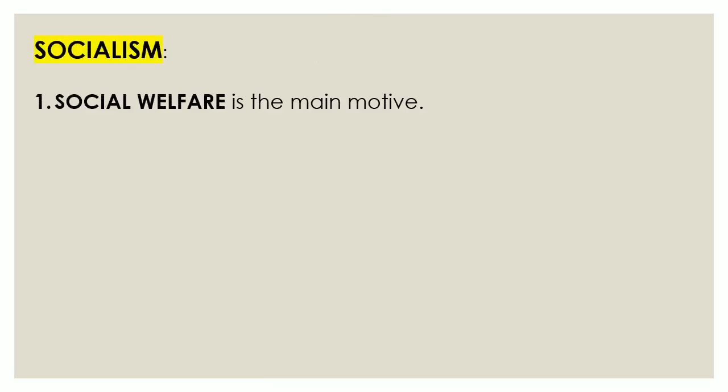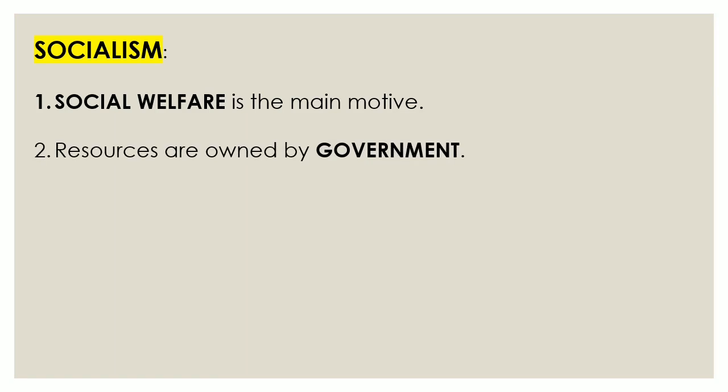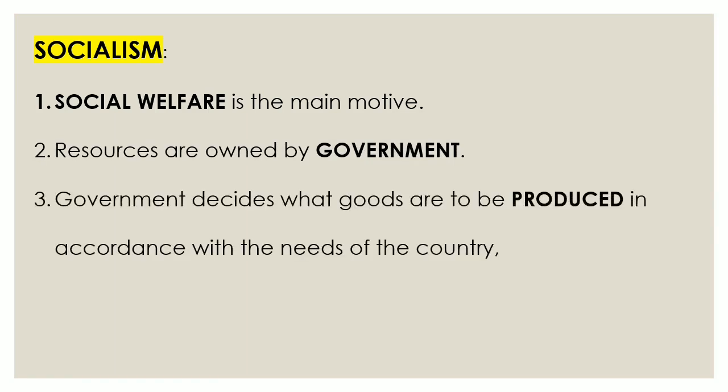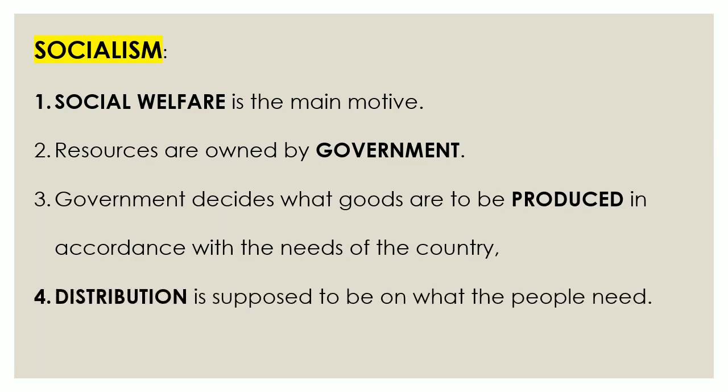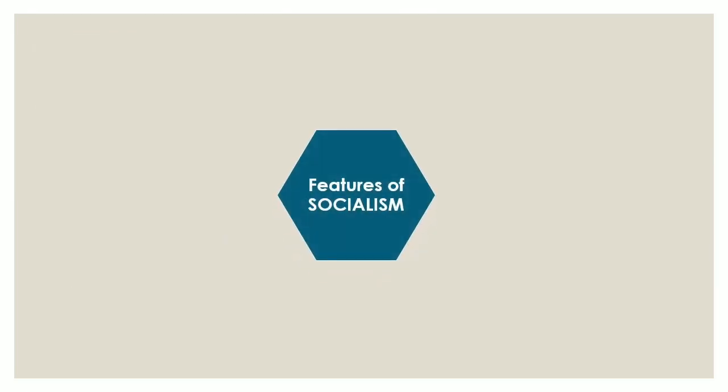Let us move on to socialism. It is that system in which resources are owned by the government and the social welfare is the main motive. In this economy, the government decides that goods are to be produced in accordance with the needs of the country, and the distribution is supposed to be on what the people need. Let us look at some of the features of socialism.